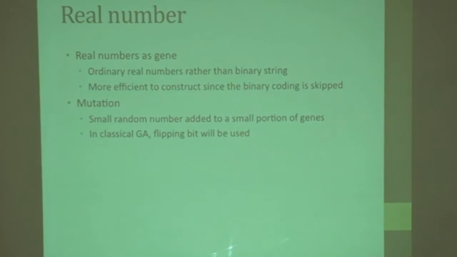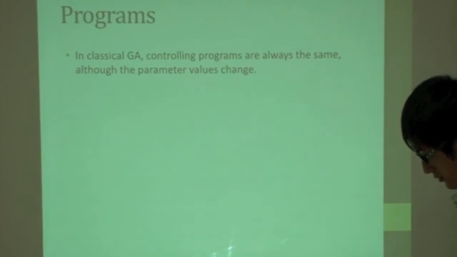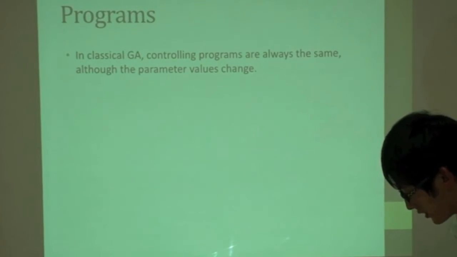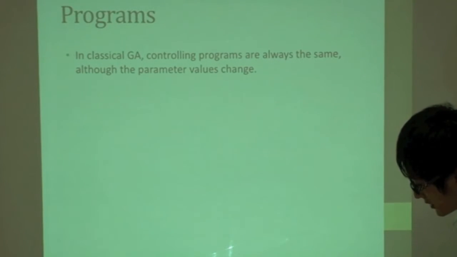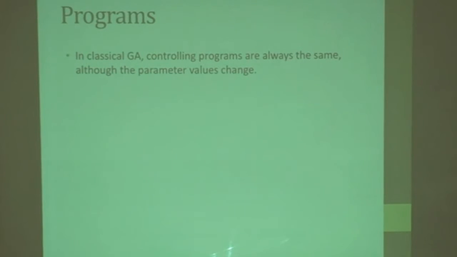In classical GA, flipping bits is used. And in classical GA, the controlling programs are always the same, although the parameter values change.